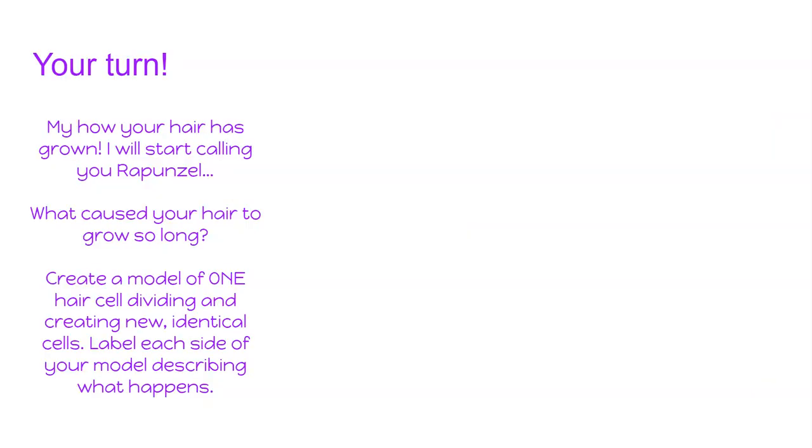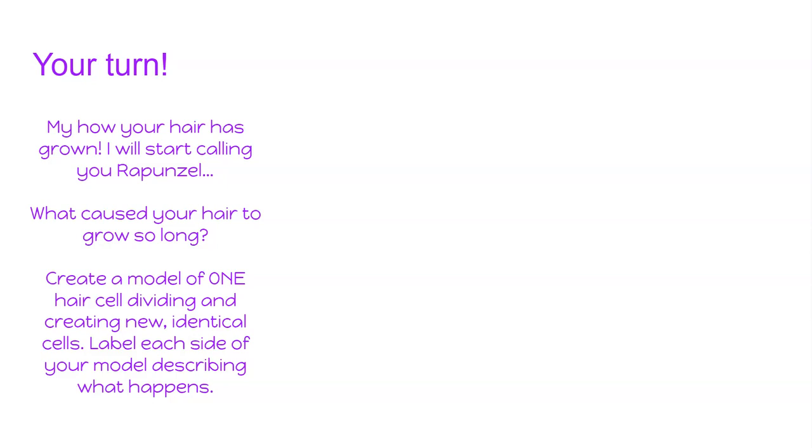So now it's time for you to show me another model of what happens in mitosis. So your hair has grown so long. We need to know what caused your hair to grow. So you are going to create a model in Seesaw of one hair cell dividing and creating new identical cells.